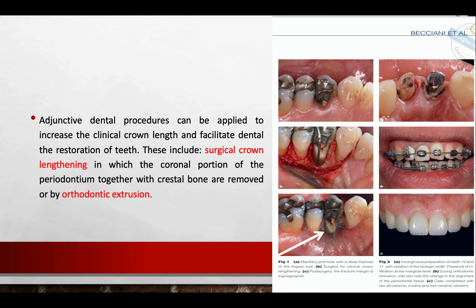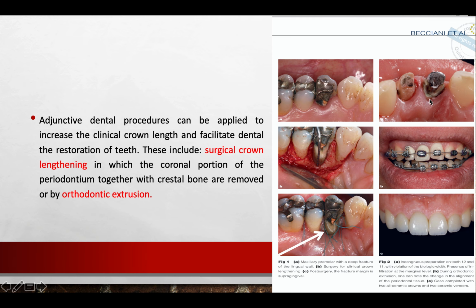What if you don't have enough tooth structure coronally and you want to save this tooth? You have two options, mainly surgical crown lengthening, in which you remove part of the gingiva and part of the bone and expose more of the tooth structure. You expose part of the root, and then you will have enough tooth structure to put your restoration margin on.